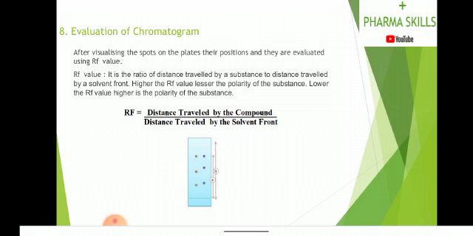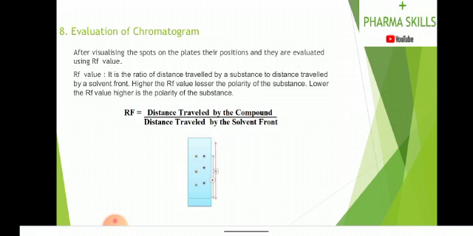Eighth, evaluation. Now we are evaluating the chromatogram. After visualizing the spots on the plates, their positions are evaluated using the RF value. RF value is the ratio of the distance traveled by the substance to the distance traveled by the solvent.